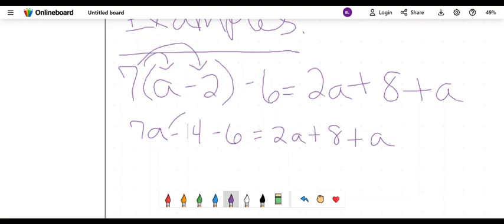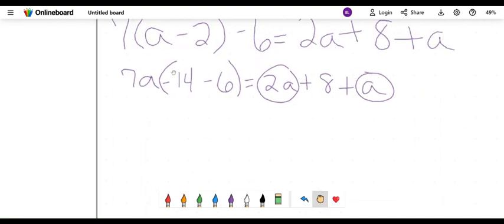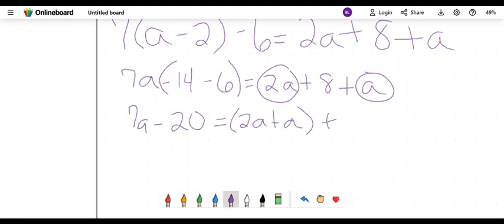We just have to draw the quantity around here. And on this side, we have these two as the like terms. So that means we have to combine these two together, which we get 7a minus 20 equals 2a plus a, which is 3a, plus 8.